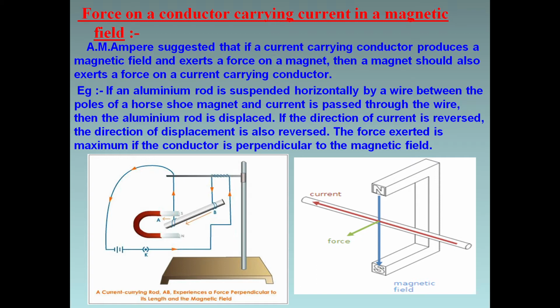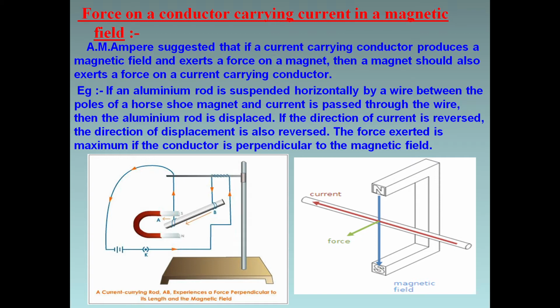When current is passed through this wire, then aluminium rod, from this also current is passing, and that aluminium rod will be displaced. Now why it will be displaced? Because some force will be acting on it.